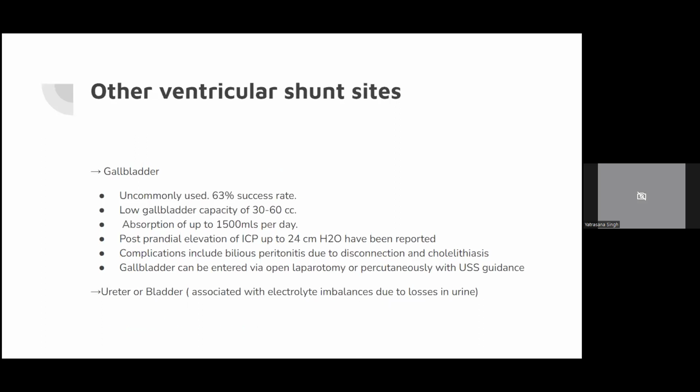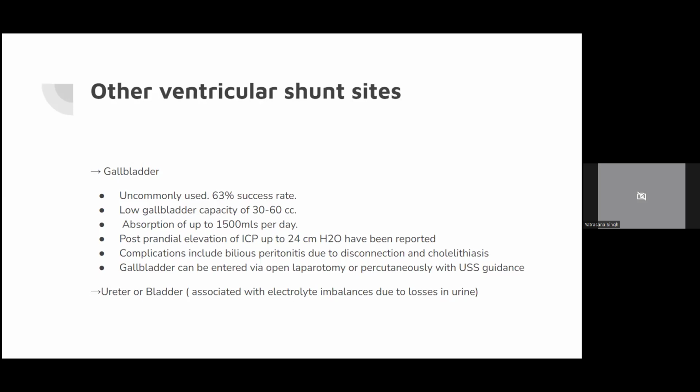Other ventricular shunt sites that are not used anymore include the gallbladder, which had a 63% success rate. It wasn't approved or commonly used because the gallbladder has a low capacity of 30 to 60 mL, and there's only an absorption of up to 1,500 mL per day.